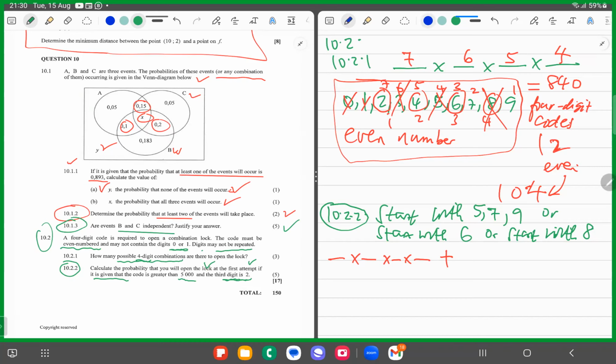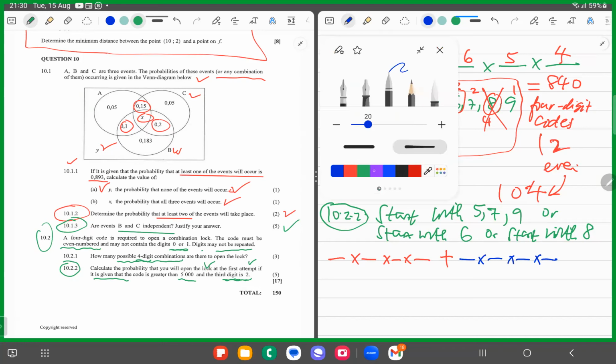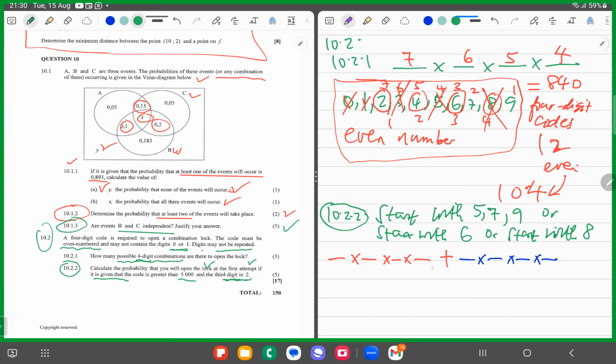So you have this, and then you have this, plus. Because if it is given that the code is greater than 5,000, it means that you can start with 5, or you can start with 7, or you can start with 9, or you can start with 6, or start with 8.